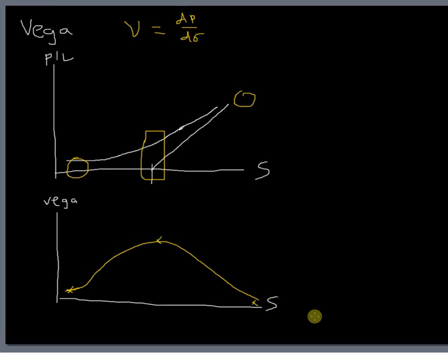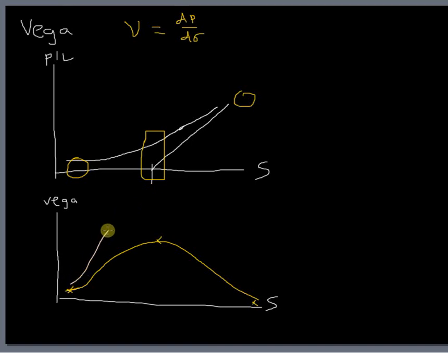And imagine that you compare two options. Everything is the same except the time to maturity. One is say 6 months to maturity, and one is say 1 day to maturity. Which Vega do you think is higher? Clearly, it will be the longer maturity option, because you have so much time to go before it matures, and there's a lot of chances that you will become in the money or you will make a lot of profits out of it.